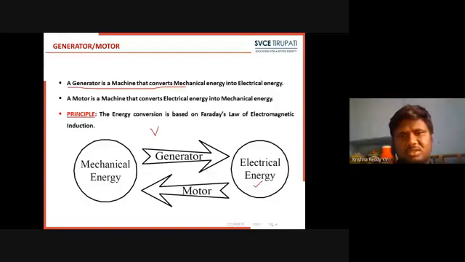Both function vice versa. The energy conversion is based on Faraday's law of electromagnetic induction.